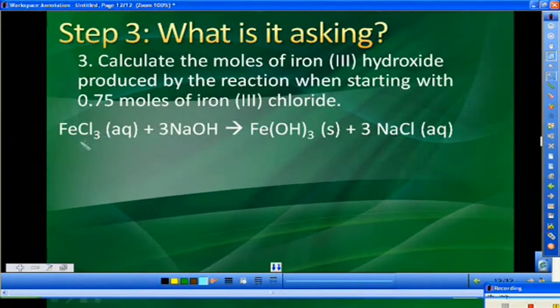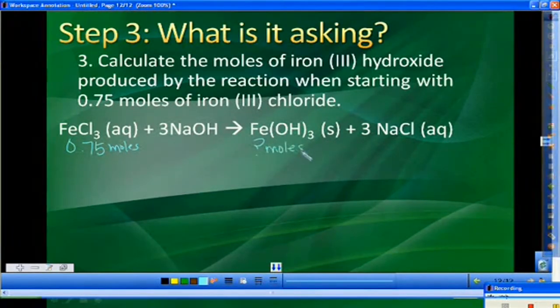So just to take a look right here, we're given this 0.75 moles, and we want to find the number of moles of iron 3 hydroxide. So let's have this set up, 0.75 moles of iron 3 chloride.